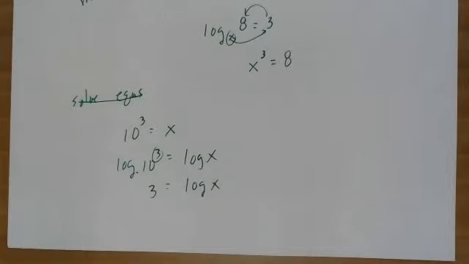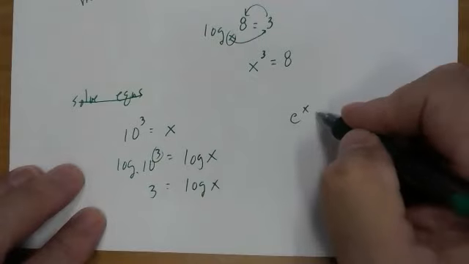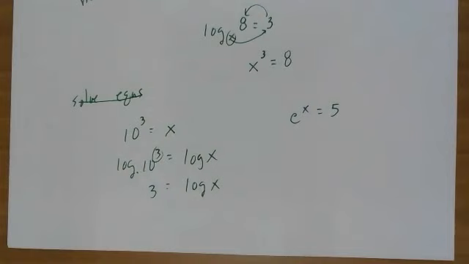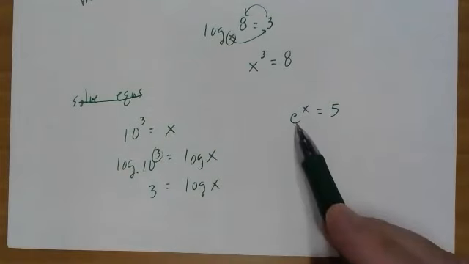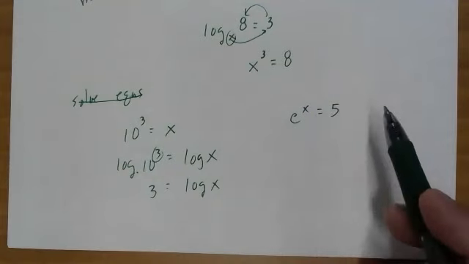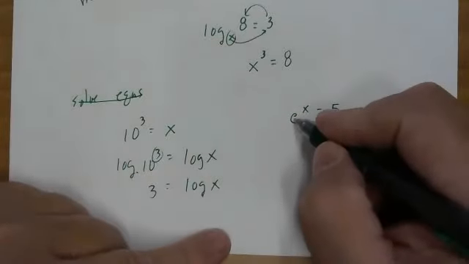Another one. How about e to the x equals 5, and they want to write this as a log equation. Hopefully you realize that since we're using e here, our log equation is probably going to be a natural log equation, but it's still a log equation. So what's my base here?